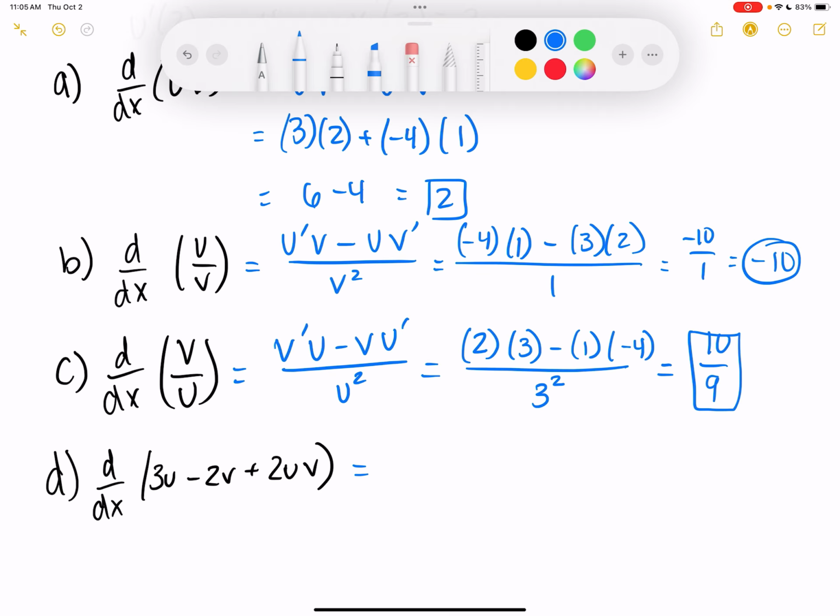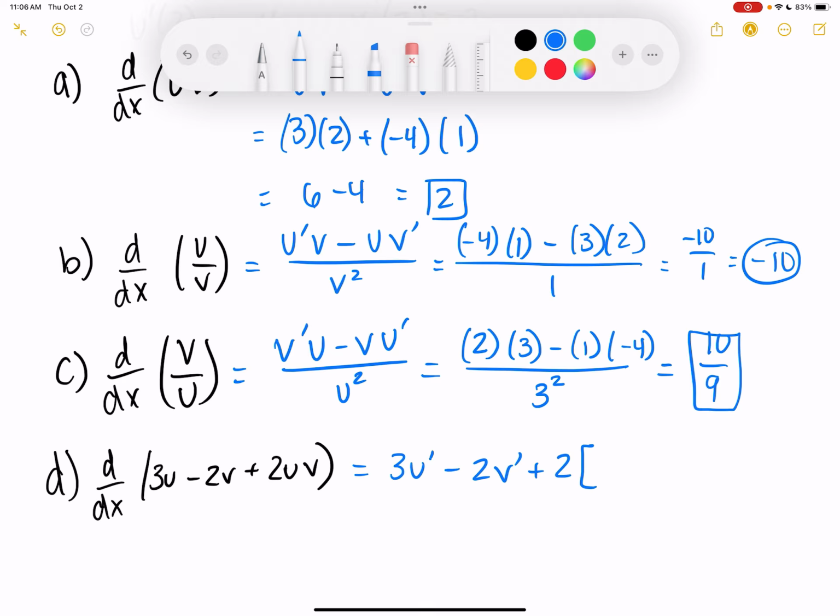So that's just going to be 3u prime minus 2v prime. Now, this other part over here, the plus 2uv, that's going to be a product rule. But what I would do is I would do the 2 outside and then write my product rule here and then multiply by the 2 once I'm done.